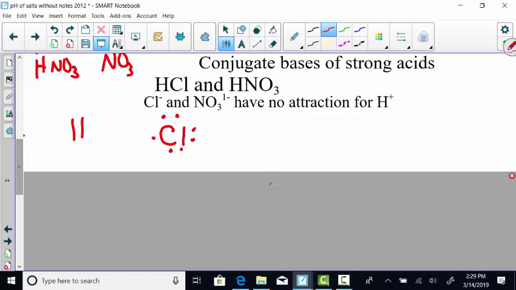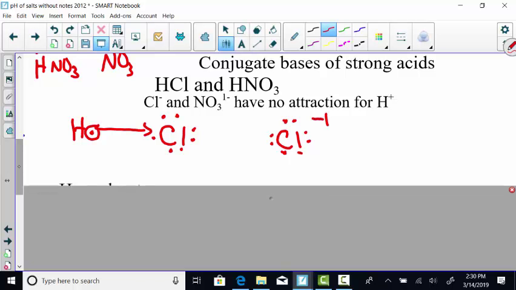So if it takes hydrogen's electron and steals it, then that chlorine has its 8 electrons around it, and it has its -1 charge, and it's essentially very happy. Whereas the hydrogen over here is now a +1 charge, and this chlorine, now that it's happy, really doesn't care about that hydrogen anymore.